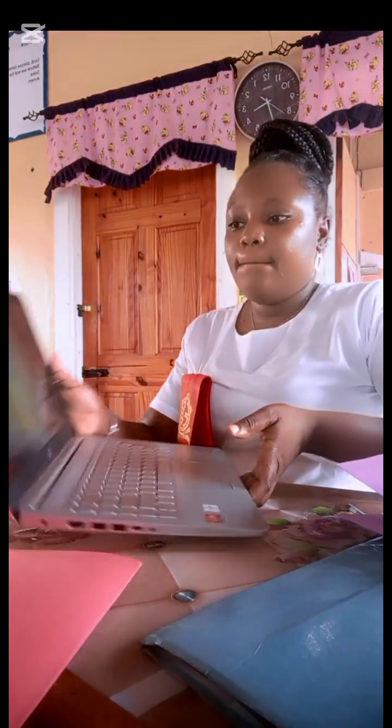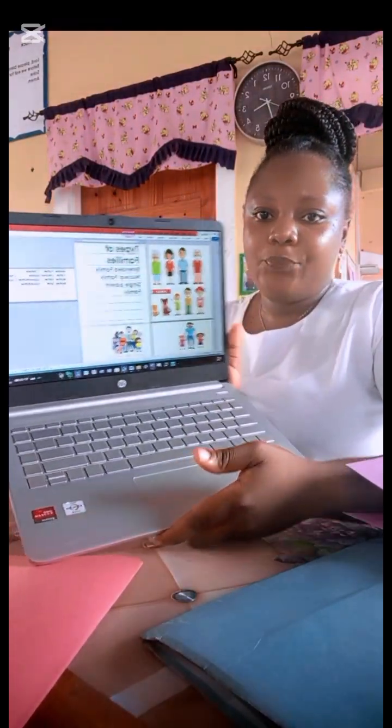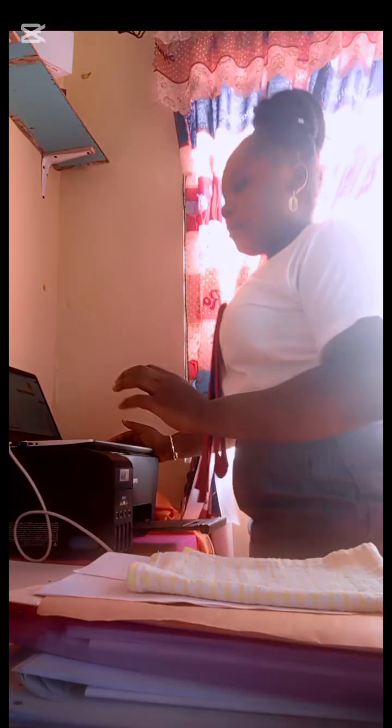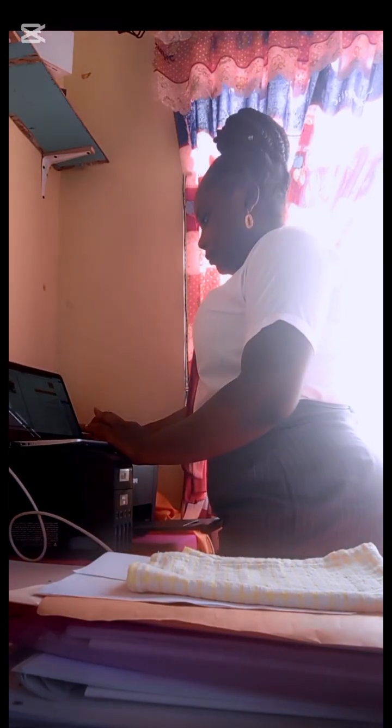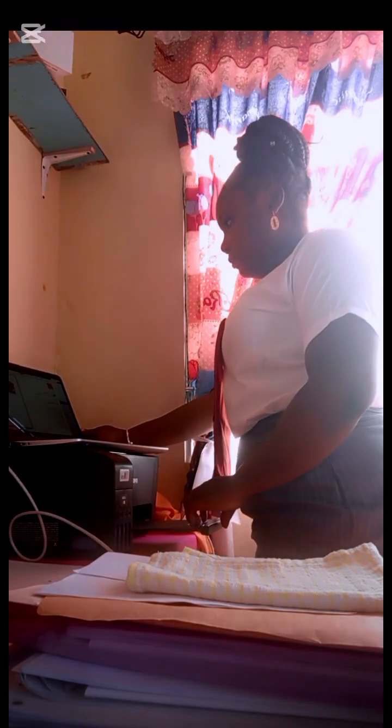So that's me there doing my research. Yes, that's my different pictures and labels. That's me at the printer.